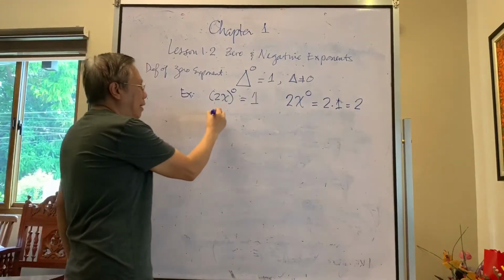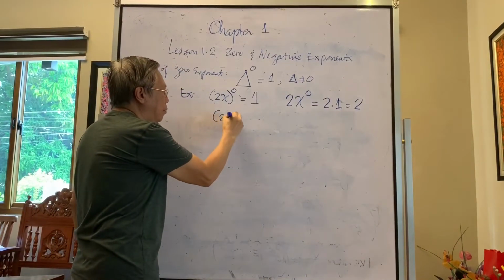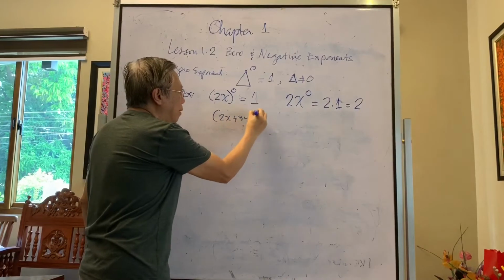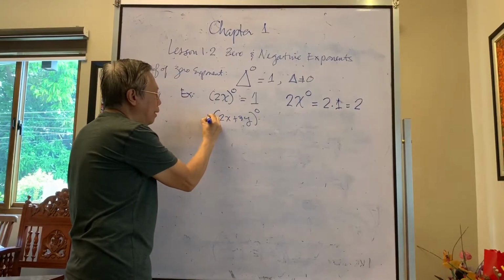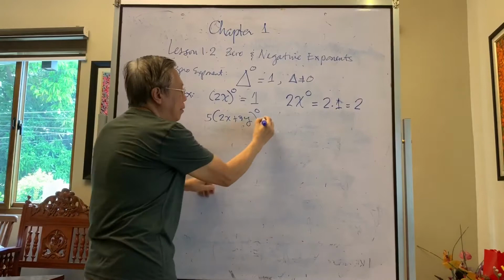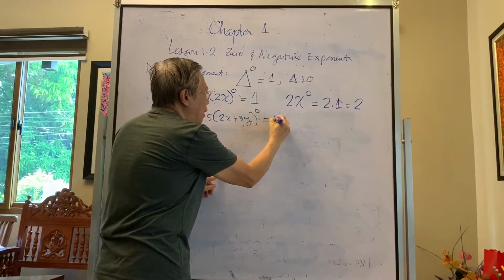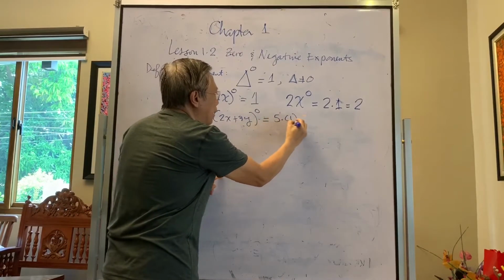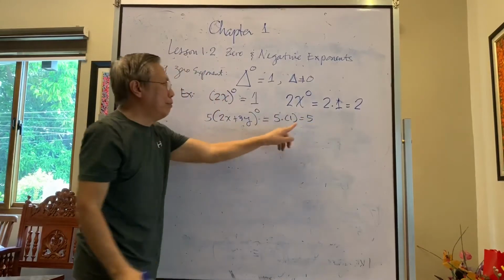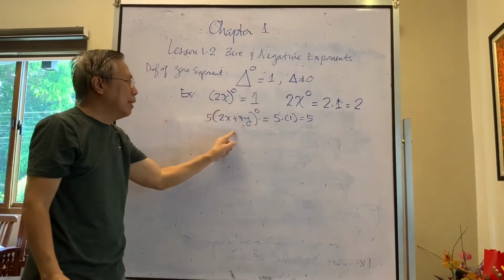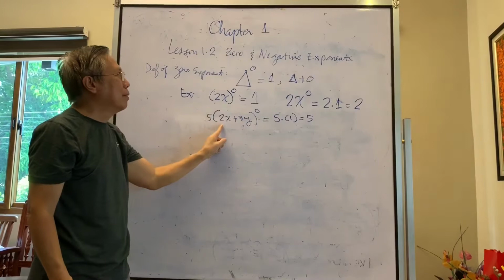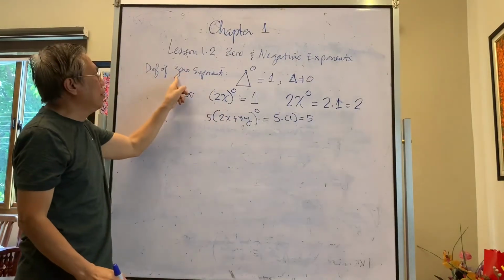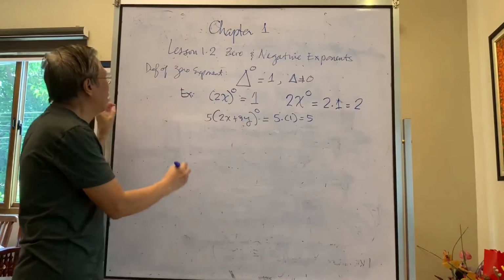Okay, and for this example, let's say (2x plus 3y) raised to the 0, and we have a coefficient here, we have 5 times 1 is equal to 5. Again, this will only be true if this expression is not equal to 0. Okay? That's the definition of 0 exponent.